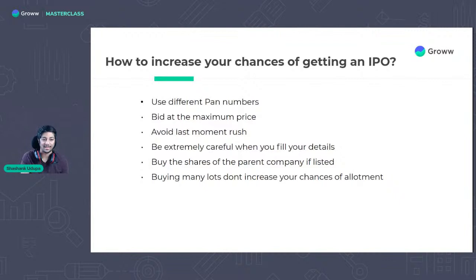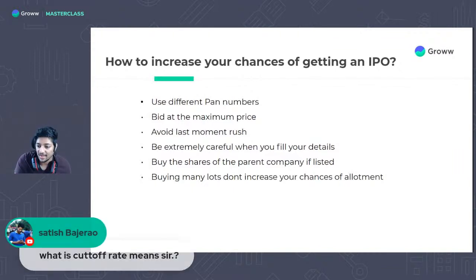Then they also bid at the maximum price, which is the cutoff price. So always bid at the highest price. Don't bid at the lowest price, because someone who bids at the highest price will win over your bid. It's all about bidding. It's like an auction. So bid at the highest price, and that is the cutoff price also. That is the price that the stock will list at.